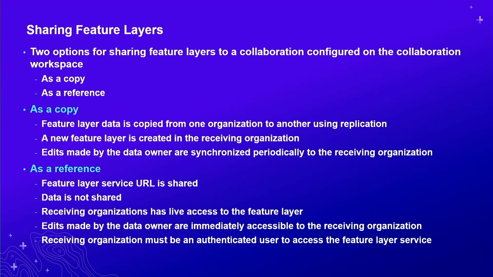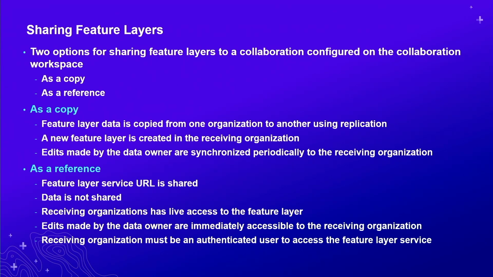What this does allow is for the receiving organization to have live access to that feature layer and its data. Any edits made by the data owner are immediately accessible to that receiving organization because they are accessing that feature layer live. It should be noted that the organization security model is still in place here.